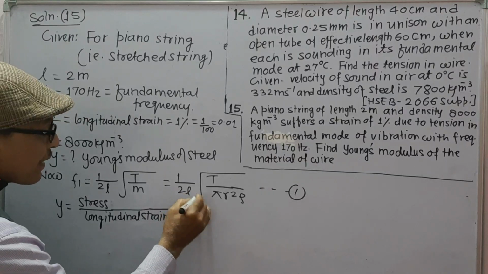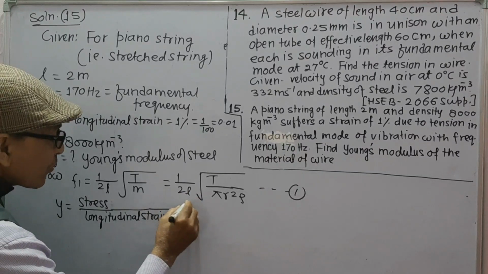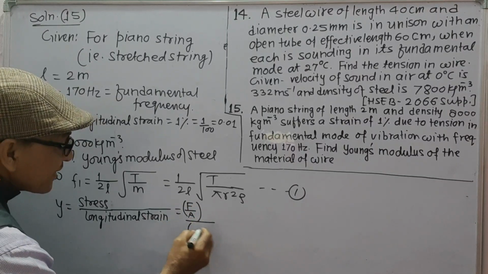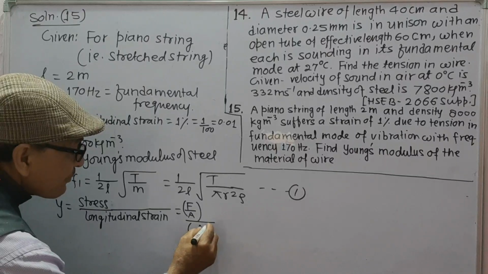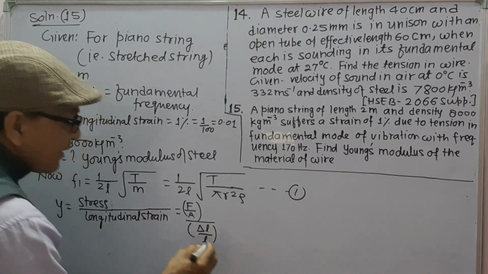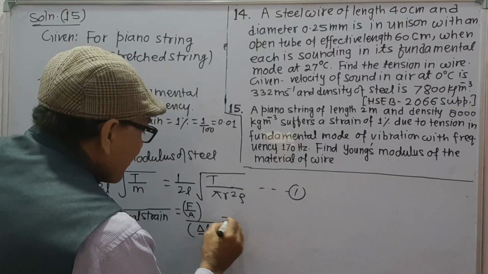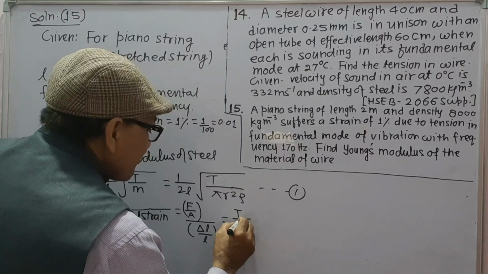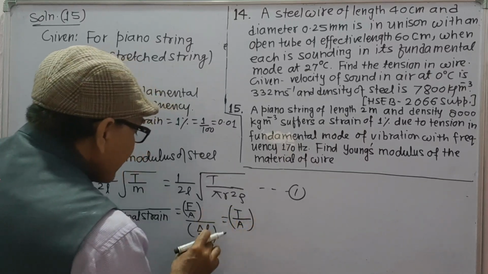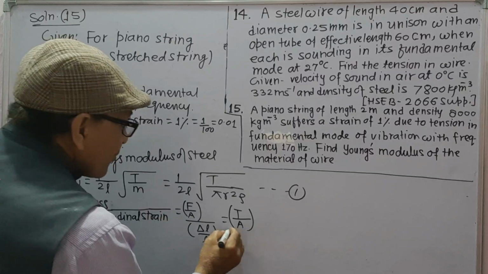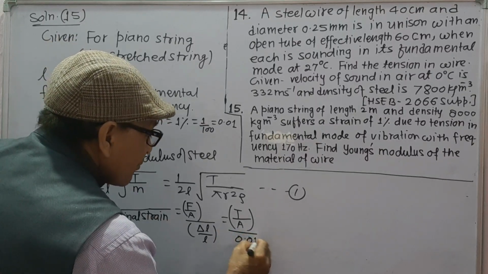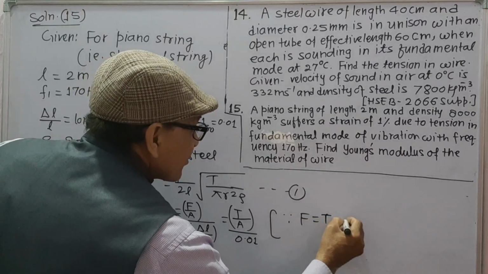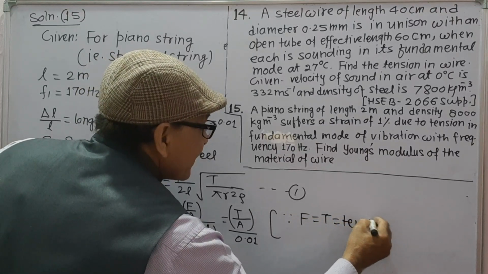The stress is force per unit area, and longitudinal strain is change in length upon original length. Force is equal to tension, so you can write it as T upon A, and strain is 0.01.